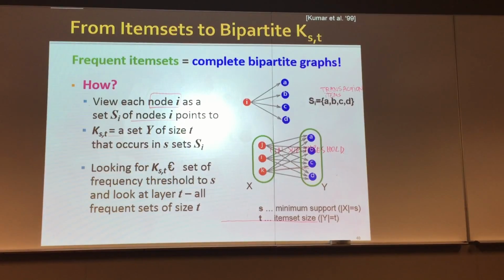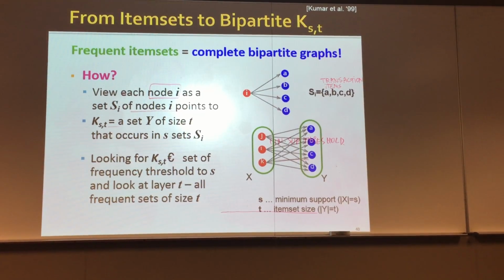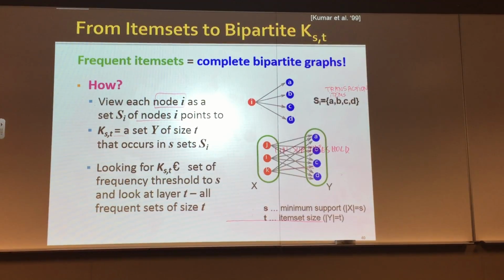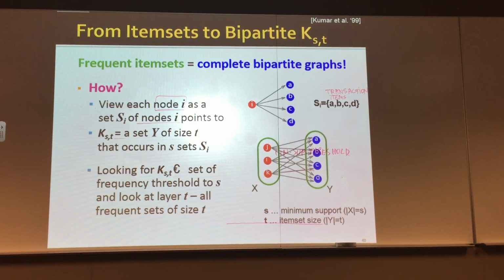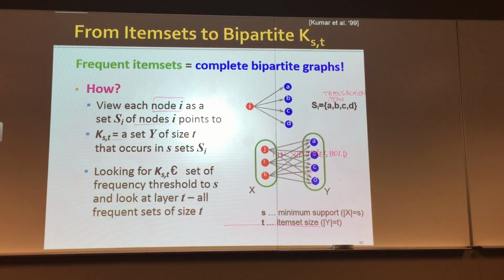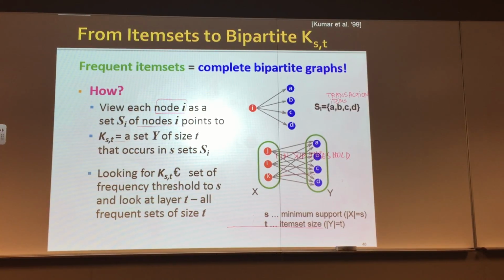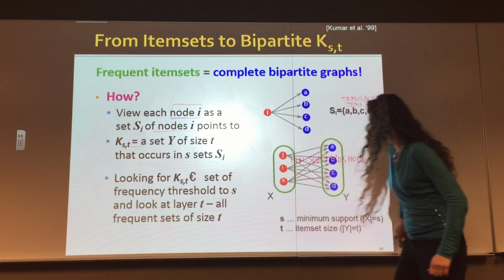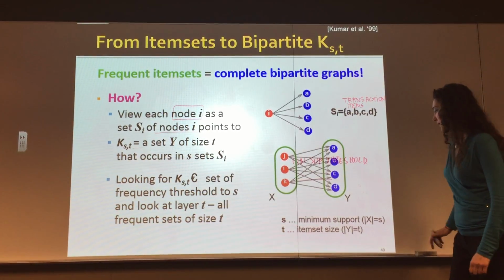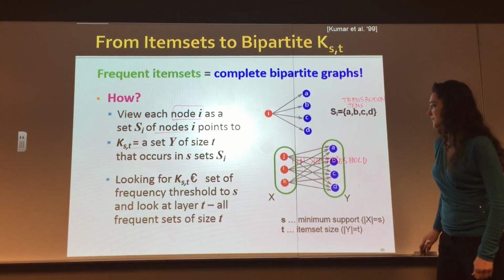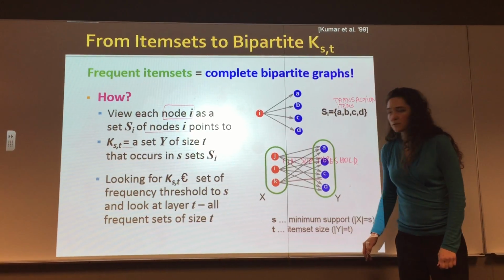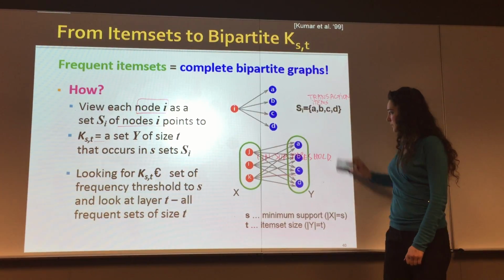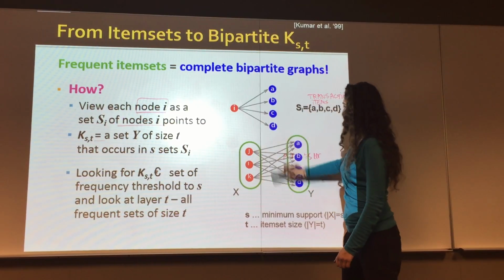So this complete bipartite graph has 2 parameters, S and T. S is the minimum support and T is the item set size. So what will be S and T for this little graph here?